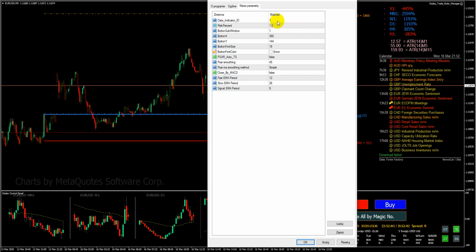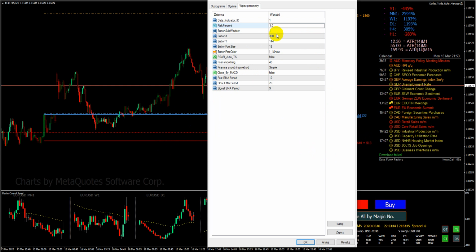It just has the data indicator ID, which means that it has to correlate with the appropriate Dada's trade ruler ID, and then only it takes trades based on this Dada's trade ruler, on the levels of this Dada's trade ruler, and it calculates the lot, the volume by using this percentage risk.